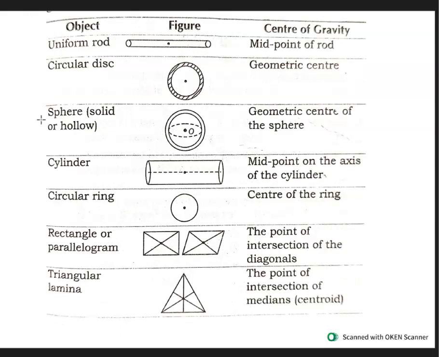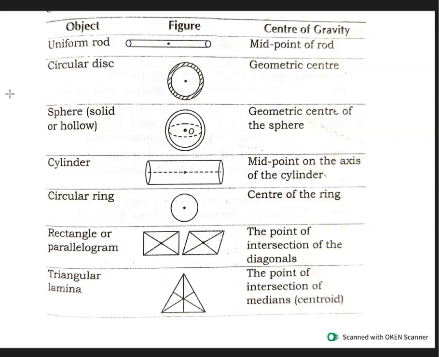So the first one is a uniform rod. For a uniform rod, which is a perfectly shaped object, its center of gravity is at its midpoint. For a circular shaped disc, again, center of gravity is its geometric center. For a sphere, it may be solid or hollow, the center of gravity again is its geometric center.